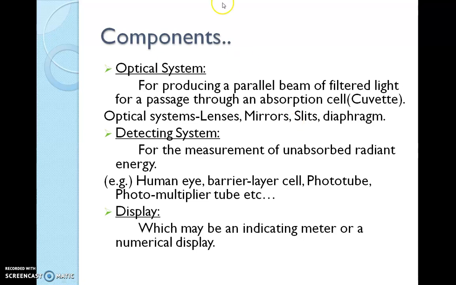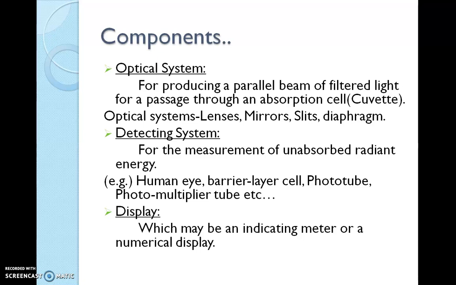So next we discuss the detecting system. This detecting system is used for the measurement of unobserved radiant energy. Examples of detectors in a colorimeter are the human eye, the barrier layer cell, the phototube, the photomultiplier tube, and various other components.